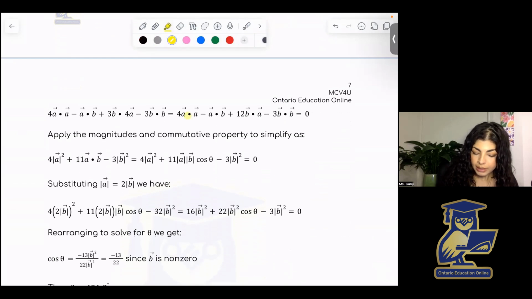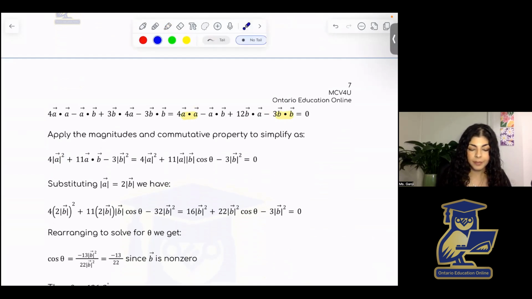So these two are important because they are just my magnitude property. So here I have magnitude of A squared, and then here we have magnitude of B squared. And these two, again, A dot product B and B dot product A are the same. So here I've just combined them into 11A dot product B.